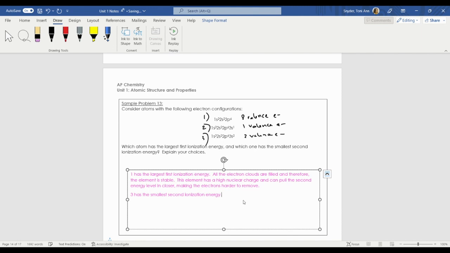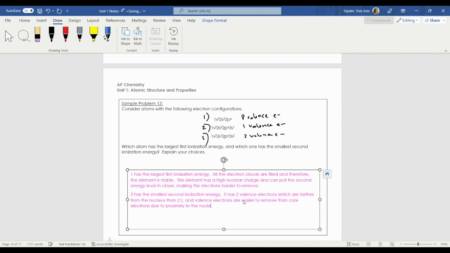And the reason being, it has 2 valence electrons, which are farther from the nucleus than 1. And valence electrons are easier to remove than core electrons due to proximity to the nucleus.